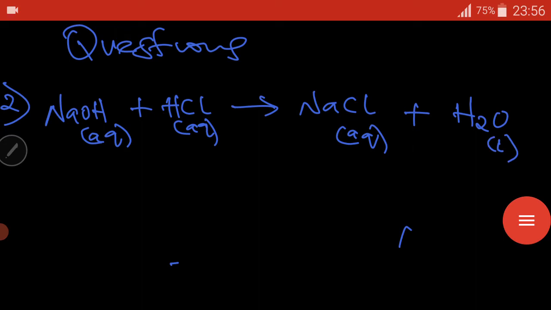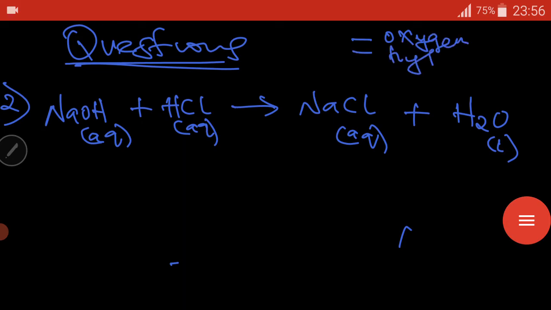Always when balancing equations like this, you have to balance the oxygen first, then hydrogen, then you balance other elements.